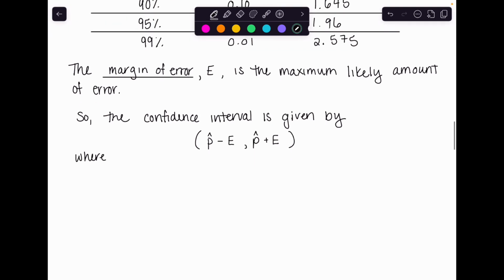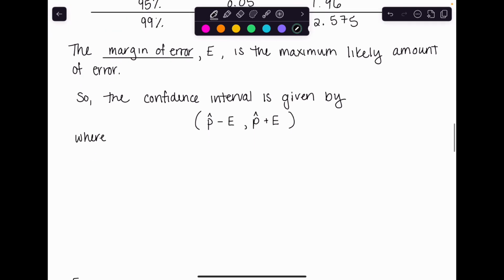And it actually comes from a relatively nice formula. Might not seem it because there's a lot of letters, but I promise it's not too bad. In order to find that error, we're going to take the z-score that's important to us, which is z alpha over 2, and multiply it by something that's estimating our standard deviation.